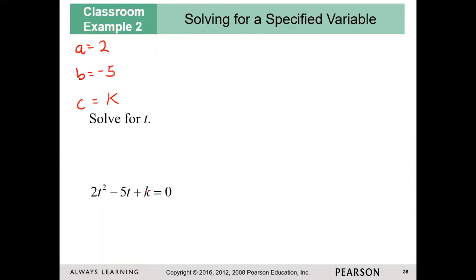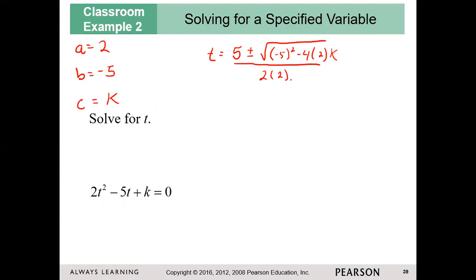And I won't get a nice, clean answer for this problem because I have too many variables anyway. So this is going to be t is equal to the opposite of b, so 5, plus or minus the square root of b squared minus 4ac over 2a.